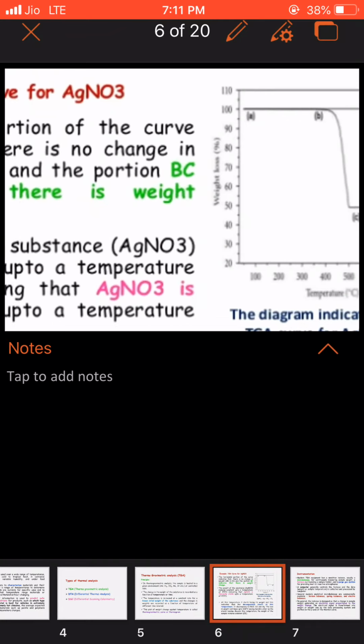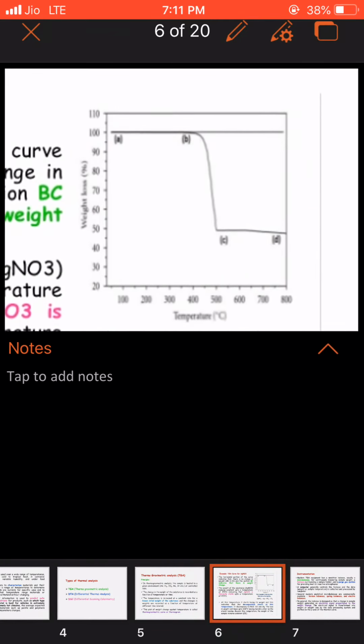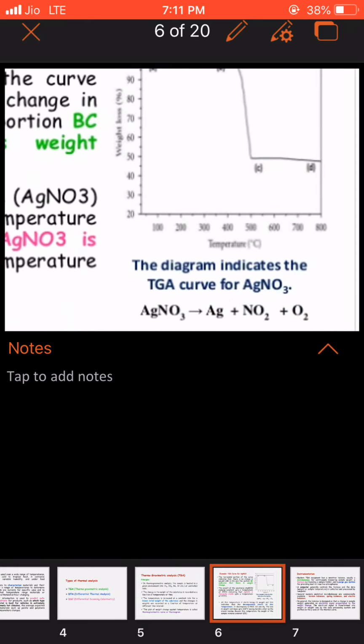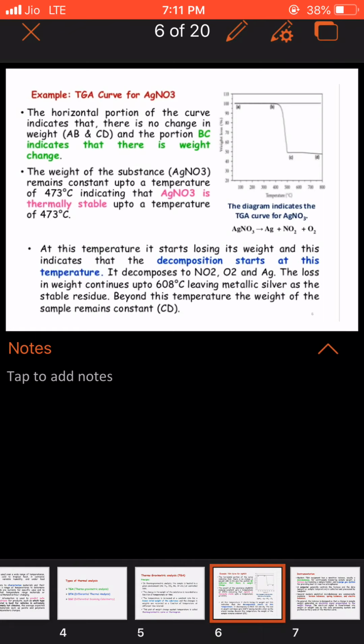If you see, the y-axis is weight loss. So what is the weight loss that is occurring in the material because of the application of heat? And the x-axis is temperature.